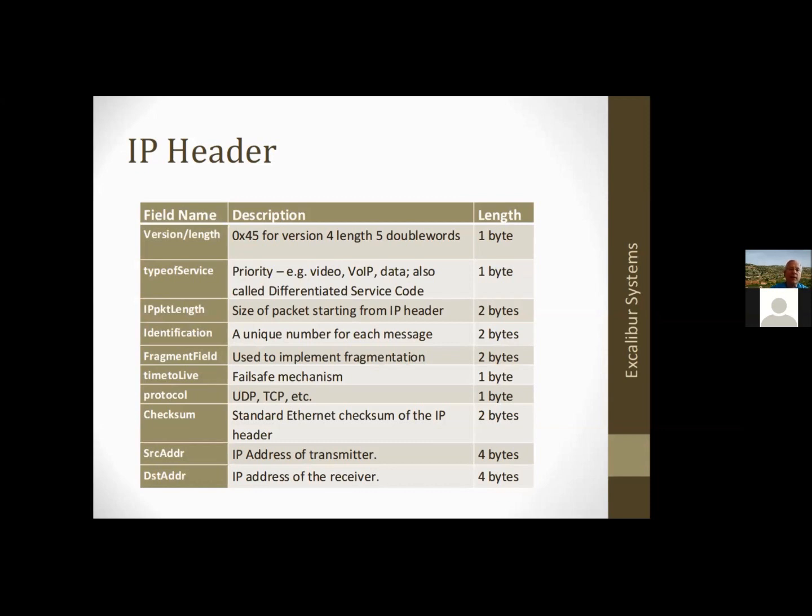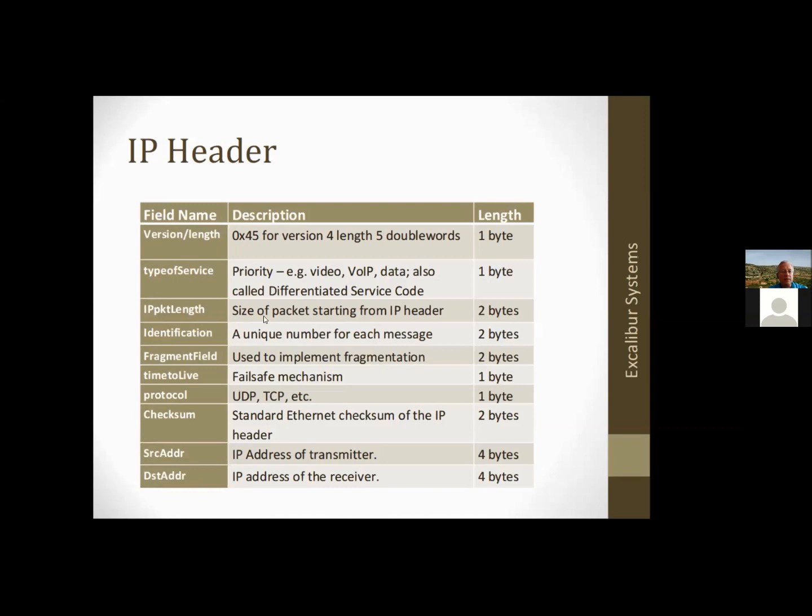Okay, following that, you have the IP packet length, and the IP packet length tells you how much data there is starting with this header until the end of the packet, including the data. Since an Ethernet packet can be up to a little over 1,500 bytes long, this number is going to be somewhere between, well, 64 usually is the minimum packet length, and 1,500.